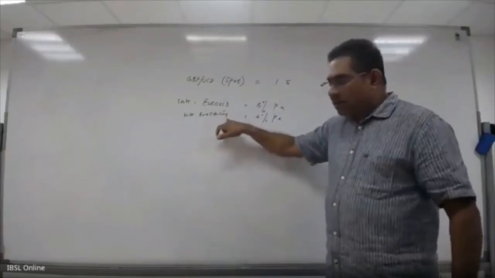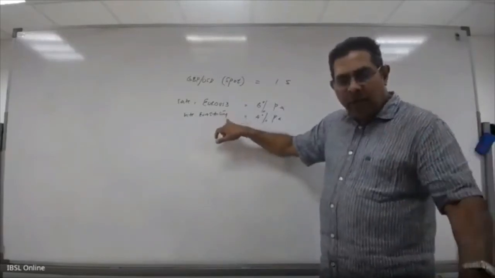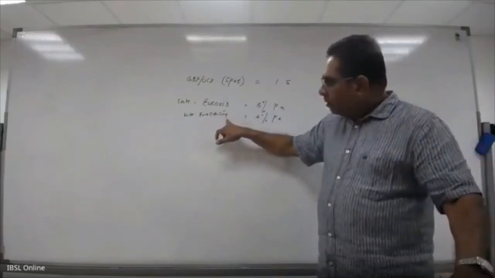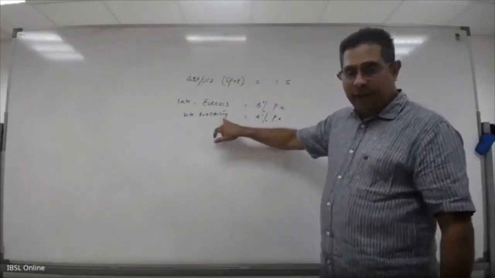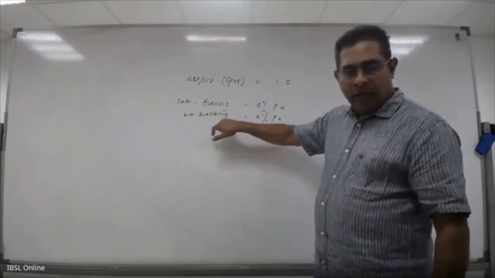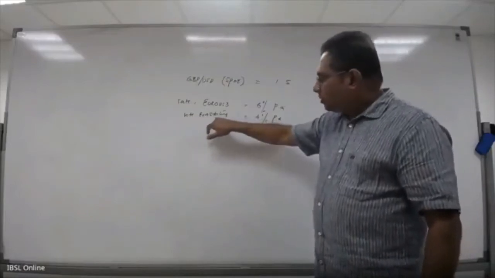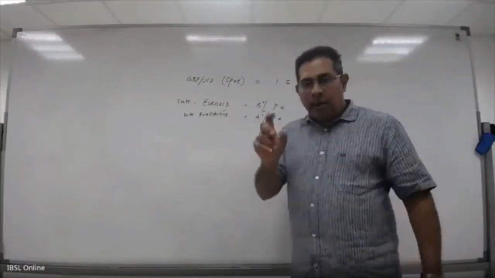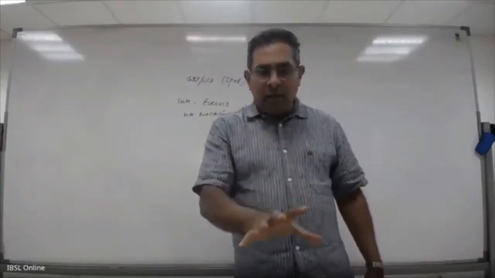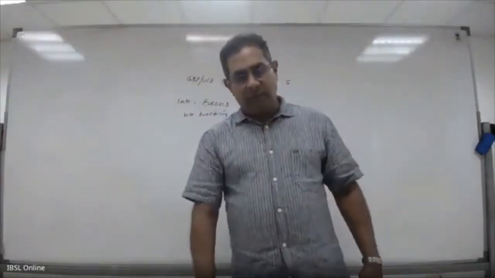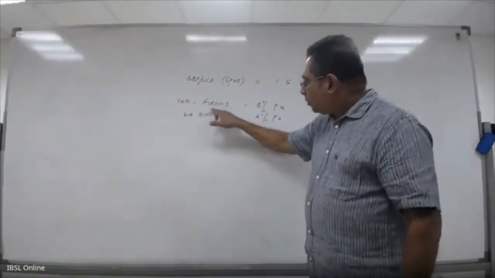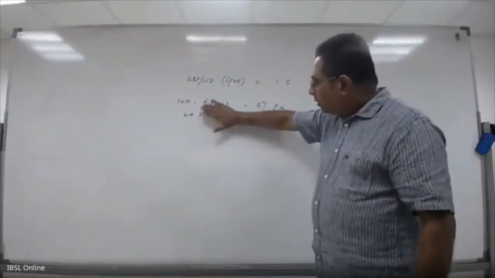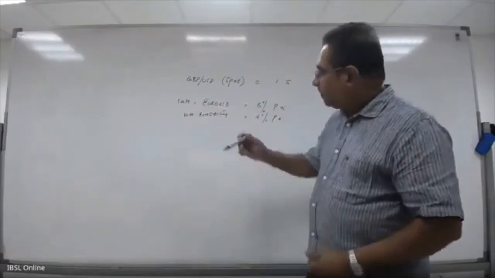So euro sterling means we have a sterling pound account outside London, outside the UK. So it's a euro sterling account. In other words, the foreign currency accounts we maintain in banks are all euro accounts, right? So don't give weight to it. Think as if the word euro is not there.